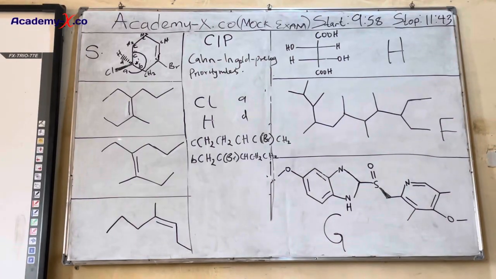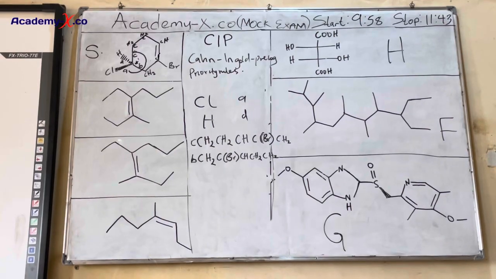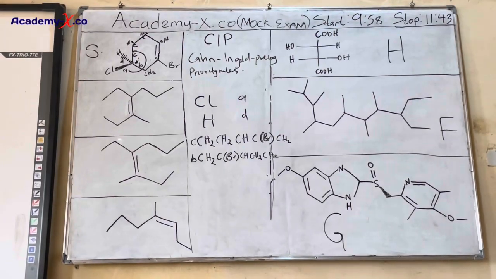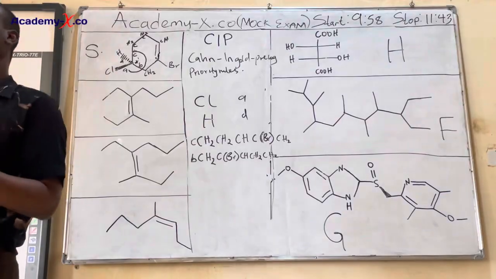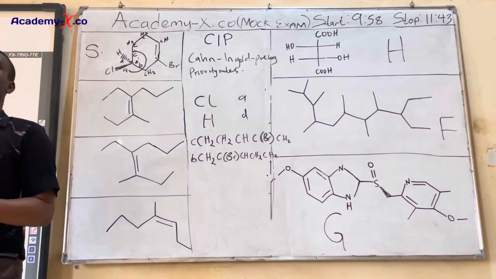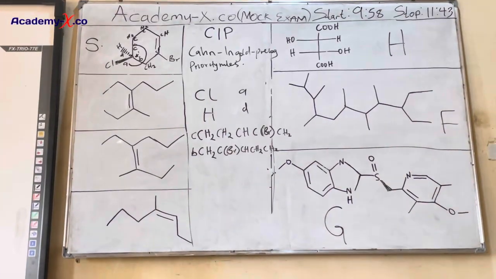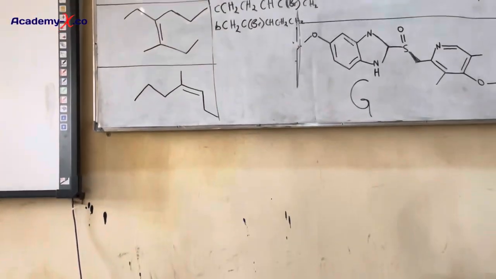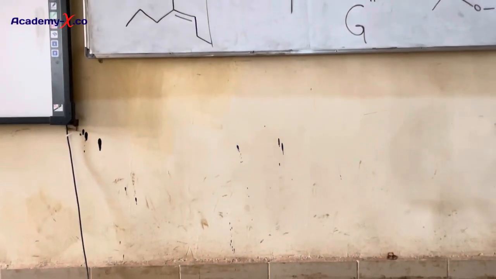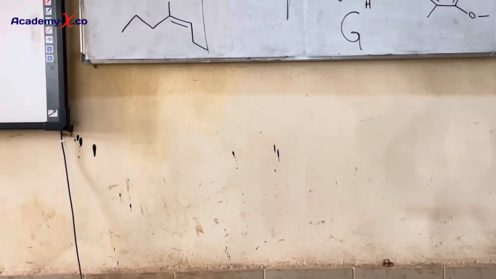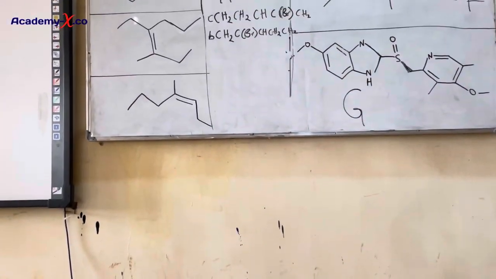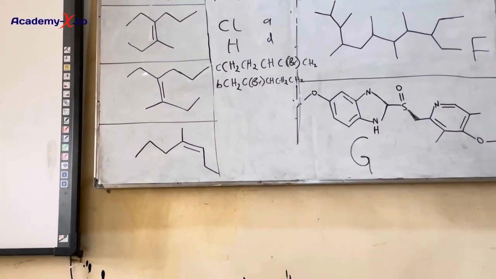Now some of you are writing R and S and D and L. Yes, correct. But not sufficient. Insufficient information. Now the thing is that me as an individual, I may mark it for you. But him as an individual, will he mark it for you? That's the question you ask yourself. So it's incomplete information.